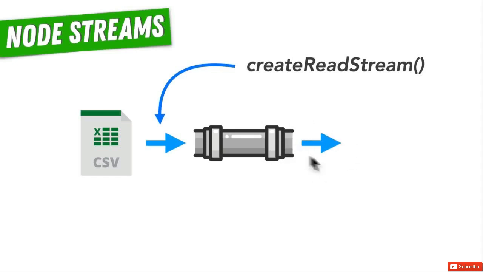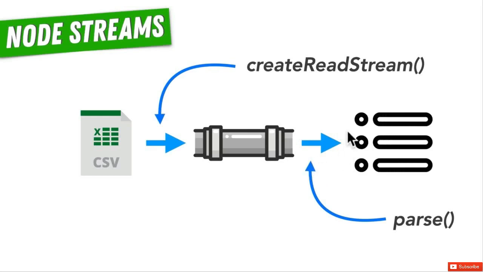This writable stream here is the result that we get from calling the parse function from our CSV library. And the result that we're hoping for is a series of processed rows that we can read easily to explore the data in our CSV file, which might take the form of an array of JavaScript objects. That's what we're hoping to get back from our parse function.